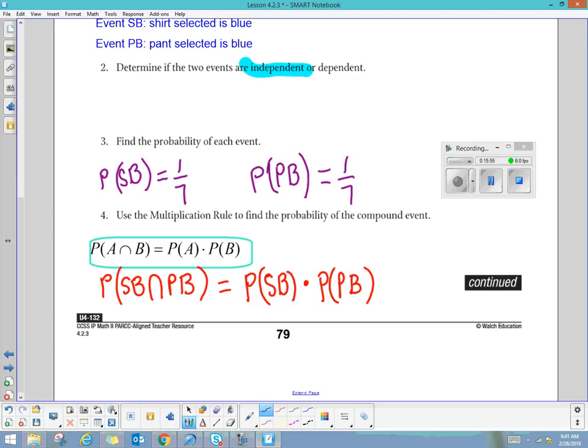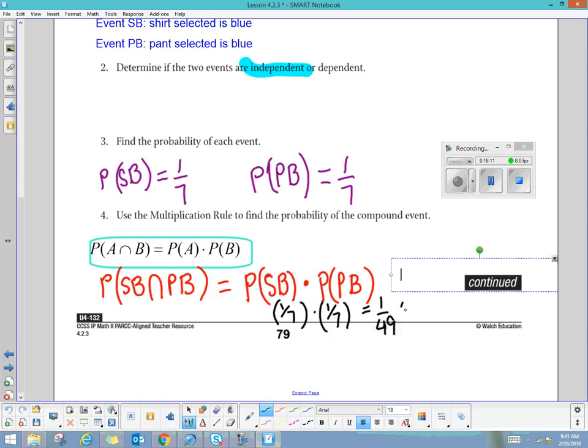Okay, so now let's just do some substitution, giving us 1/49, which is going to be approximately 2.4%. So that's going to be our probability of selecting a shirt that is blue and a pair of pants that is blue.